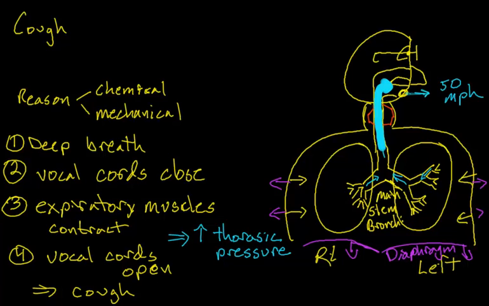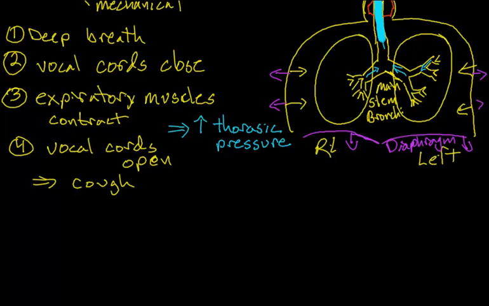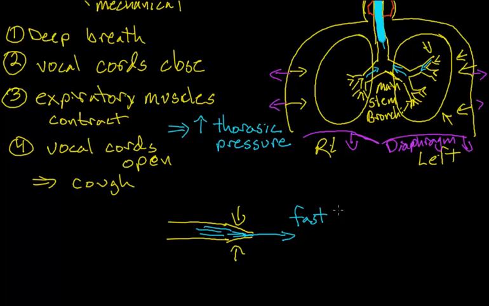Now there's a piece to this that is important to notice, and that is, as the pressure increases, with all this pressure coming in, that actually causes the bronchioles to get smaller. And as they do that, there's all this air, and it has to come out, and you get a stream of fast air.